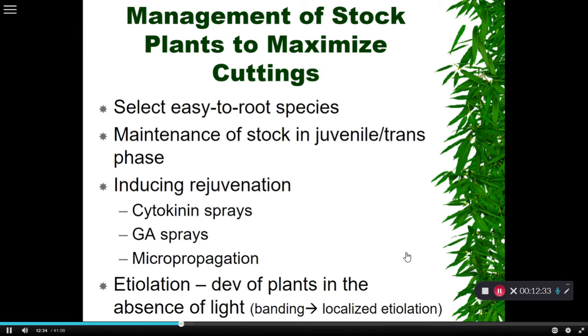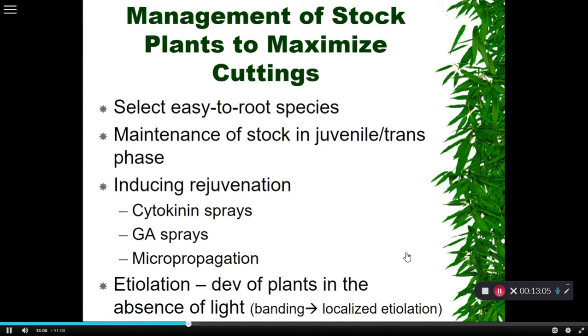Something similar happens with gibberellic acid applications. Plants that exhibit mature growth, they're trimmed back and immediately sprayed with gibberellic acid. And that sequential growth that emerges after that GA spray, that growth exhibits juvenility. Another way to rejuvenate or induce juvenility in stock plants.